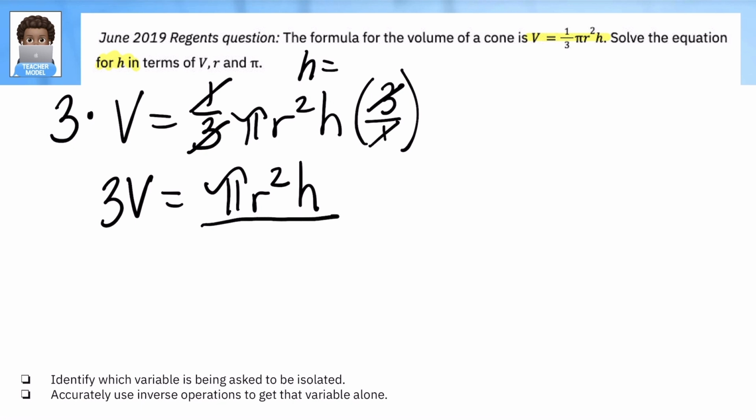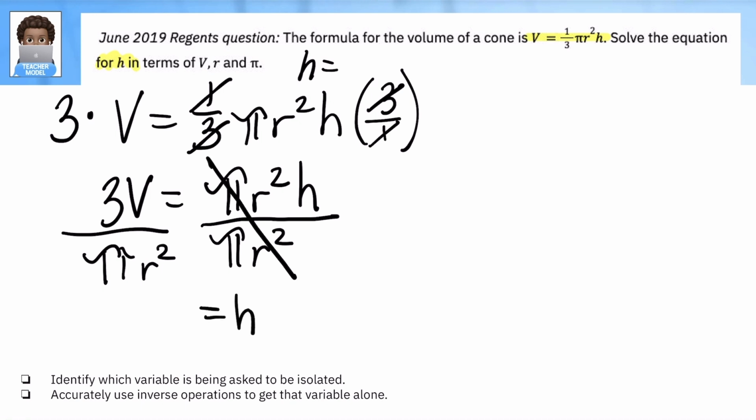So I'm going to divide by pi r squared. I'm going to do the same thing to the other side, pi r squared. These will cancel on this side, leaving me with just h. And on the other side, I now have 3V divided by pi r squared is equal to height. And we are done with this problem.